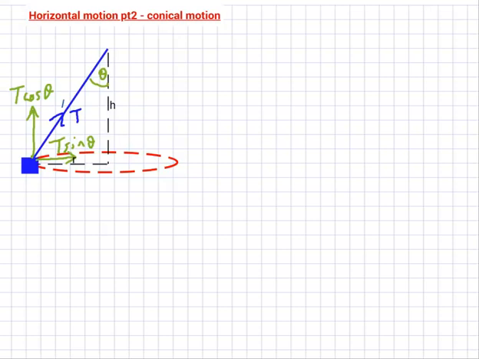There is another force that's at play here, and that is the weight of the object, and we can appreciate that there is going to be its mass times gravity vertically down.